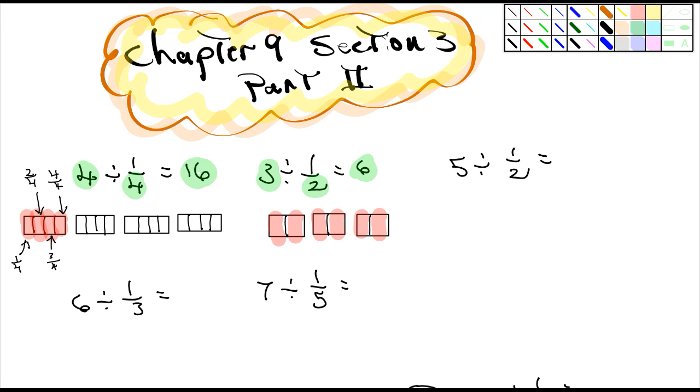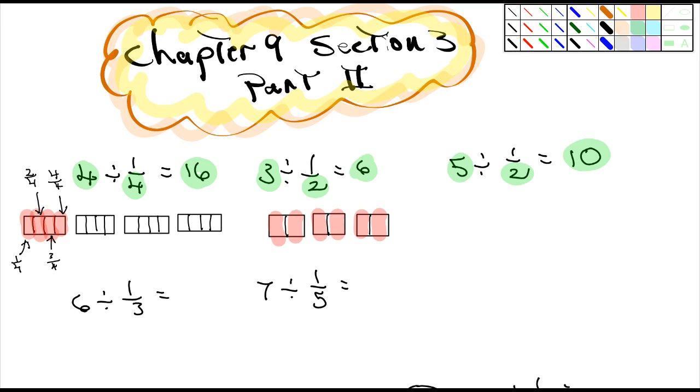All right. Let's do the next one here. I was using green. So 5, that's the whole number, being divided by 1/2. So what's 5 times 2? That's 10. Okay. Let's look at the next one. How about 6 divided by 1/3?